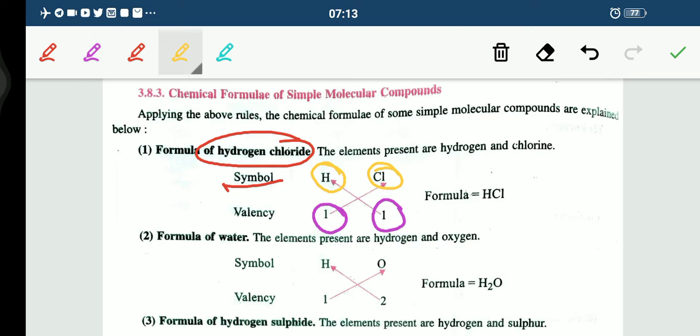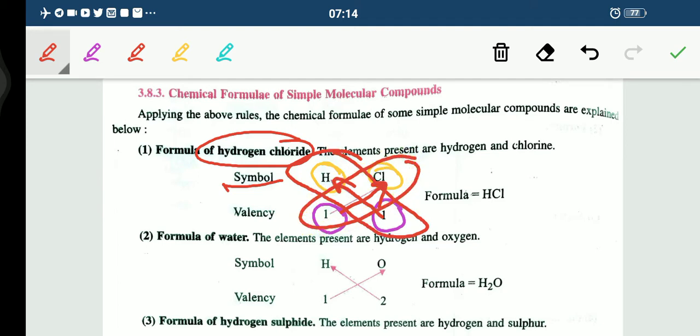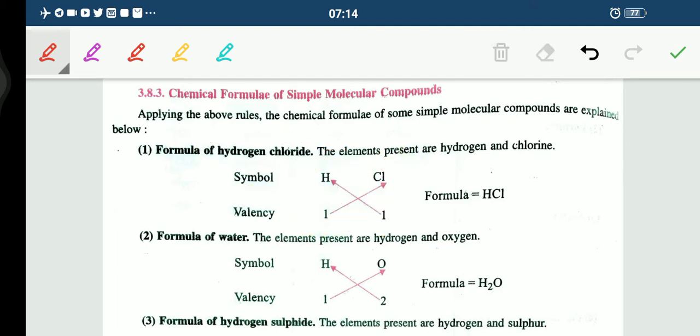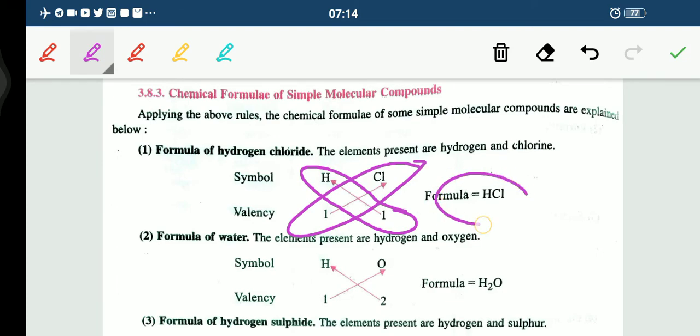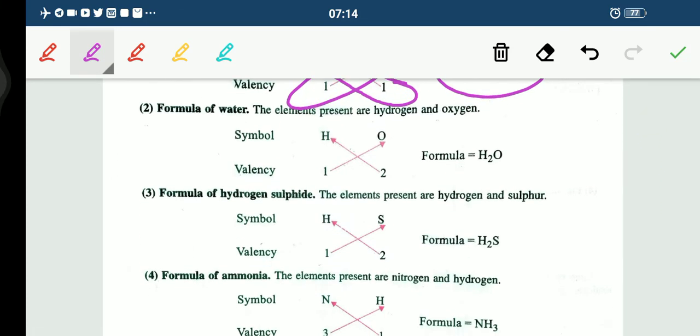So now crisscross, this is what the rule says, crisscross, and then we get HCl. Fine, we've got this formula because H multiplied by 1 will give us H only, and Cl with 1 gives us HCl. I hope this thing is clear. Similarly, we can do the rest of the chemical formulas.